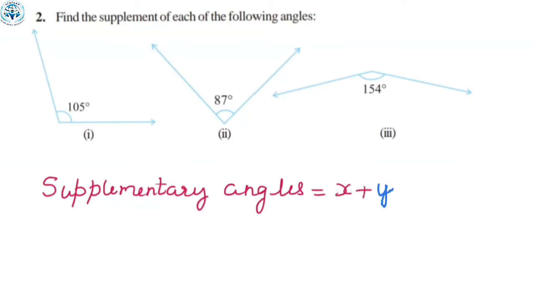That means the sum of x plus y is equal to 180 degree. Of these two angles, one angle is given. In the first one, the value of x is given as 105 degree. We have to find out the value of y.